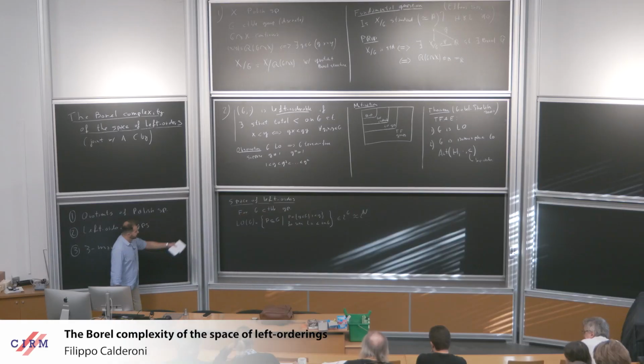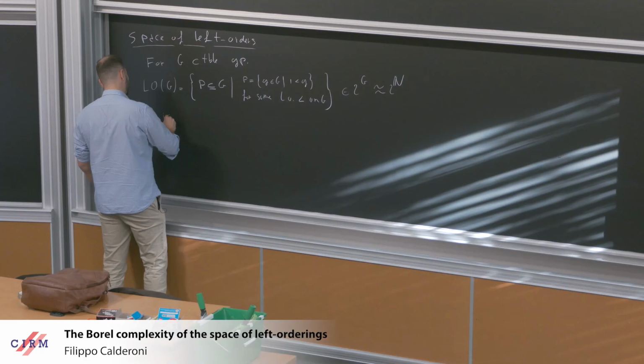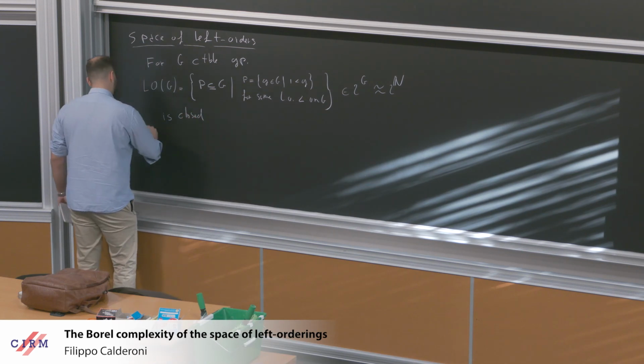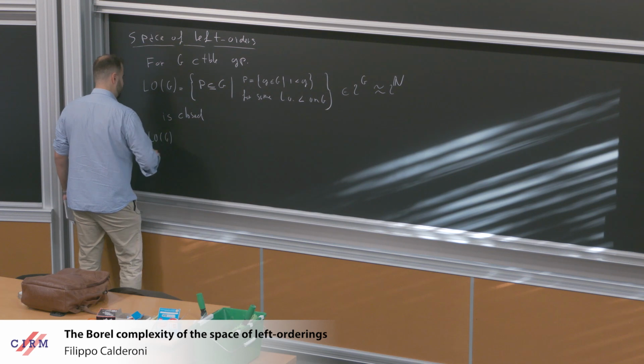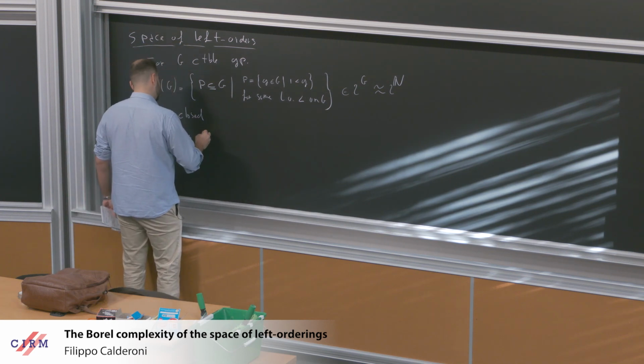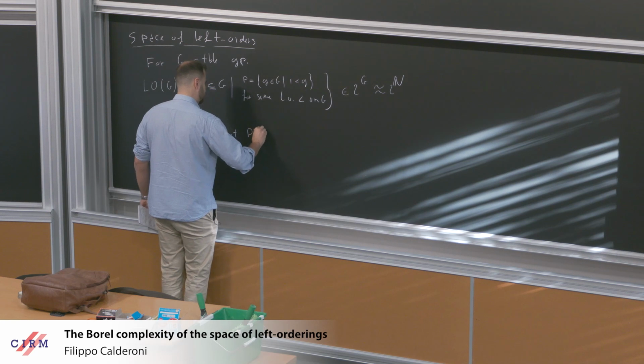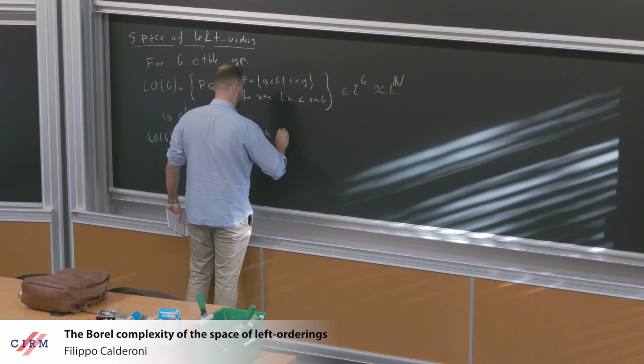And one can show that this set, as a subset of the Cantor space, is closed. Therefore, LO(G) is a Polish space which is furthermore compact. Compact Polish space.